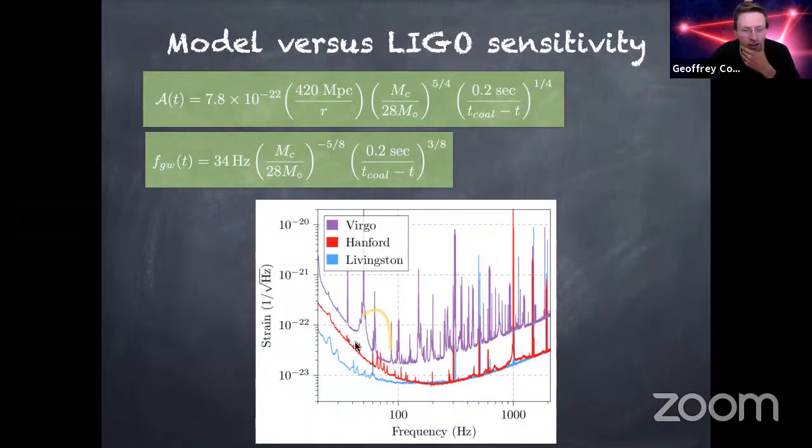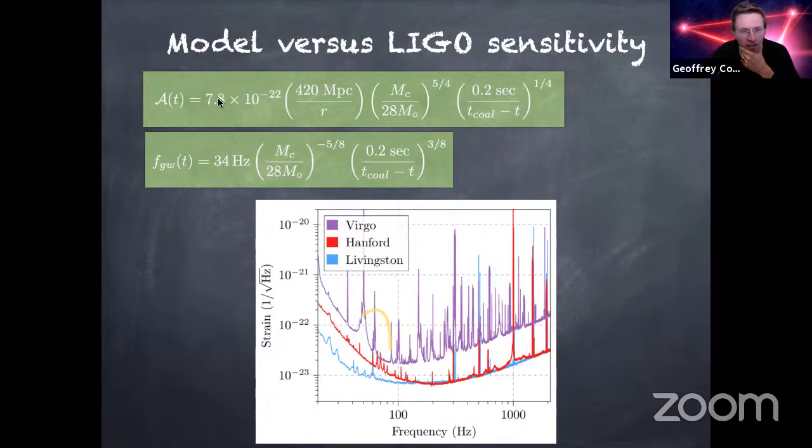So you can now compare to the LIGO sensitivity curve. The strain is really the amplitude divided by the square root of the average frequency, and the average frequency here is 30. Well, it's 34, so you get an overall factor of 1.